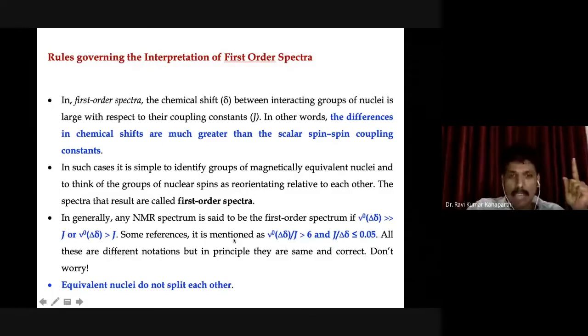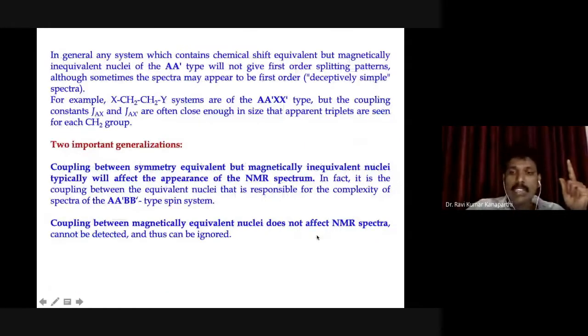And if you want some numbers, the ratio of the chemical shift difference to the coupling constant, if it is greater than 6, then we call it a first order spectrum.